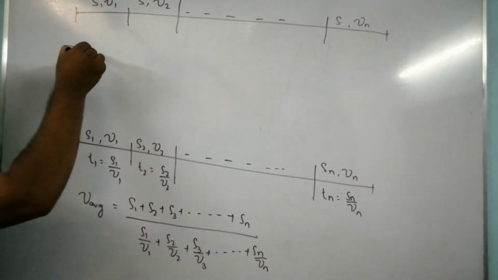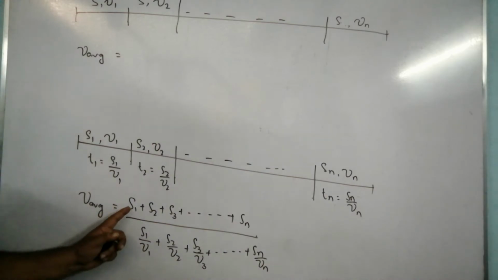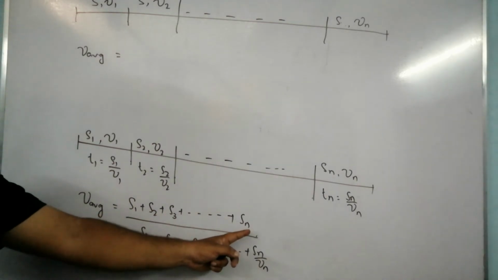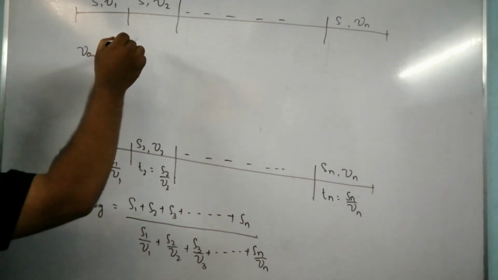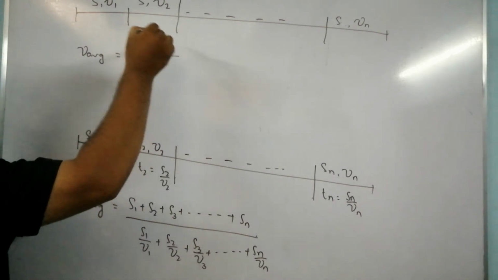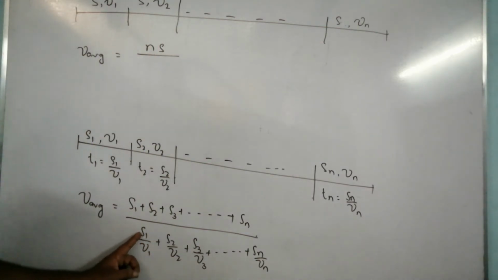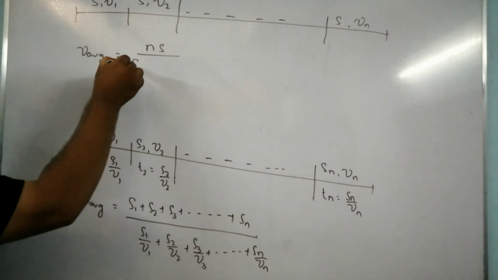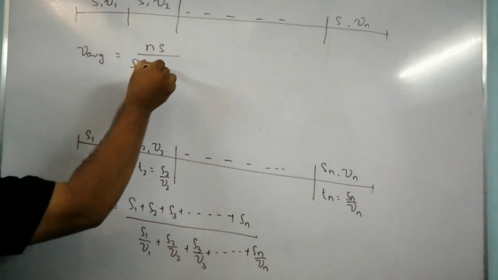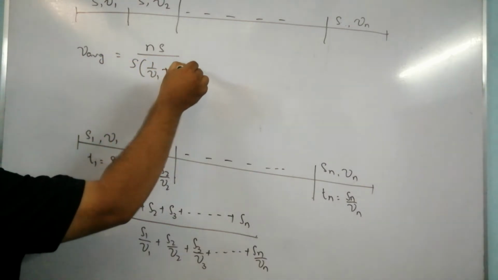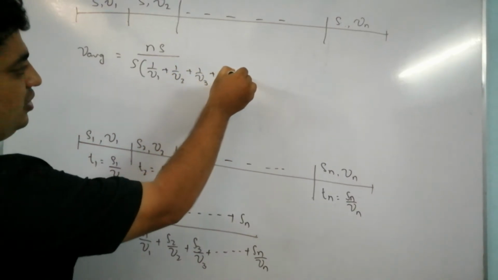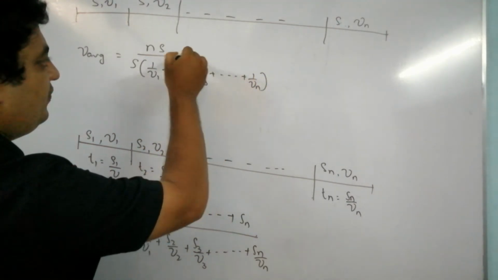Now its average speed will be, here s1, s2, s3 up to sn are all equal to s. So the numerator will be ns. Now taking s common from the denominator, we can write 1 by v1 plus 1 by v2 plus 1 by v3 up to 1 by vn.